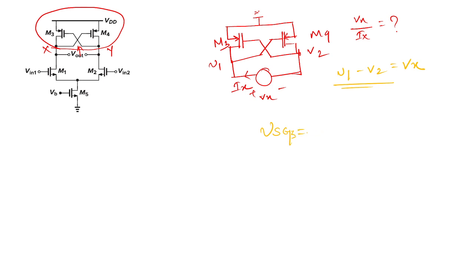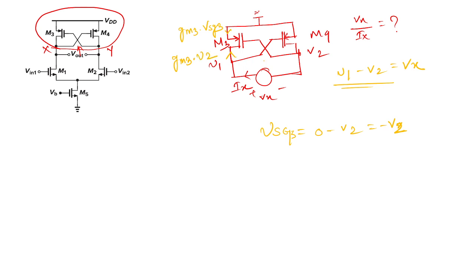VSG3 is 0 minus V2. The current gm3 times VSG3 would flow in this direction, but here VSG is negative, so actually the current flows in the other direction, which is gm3 times V2.